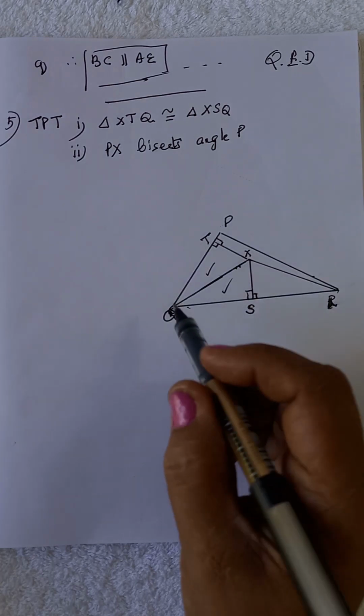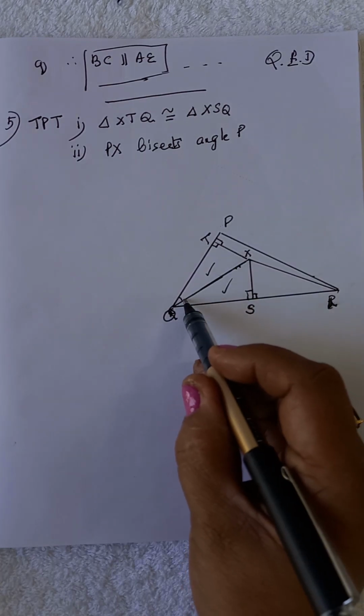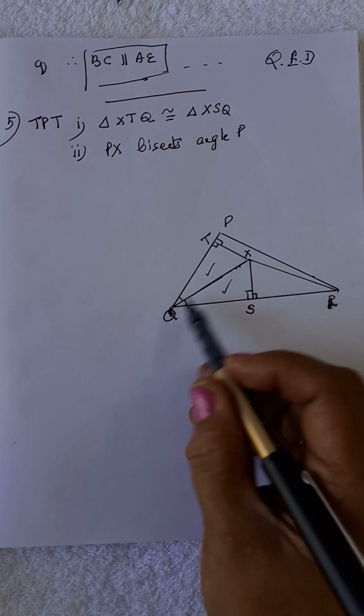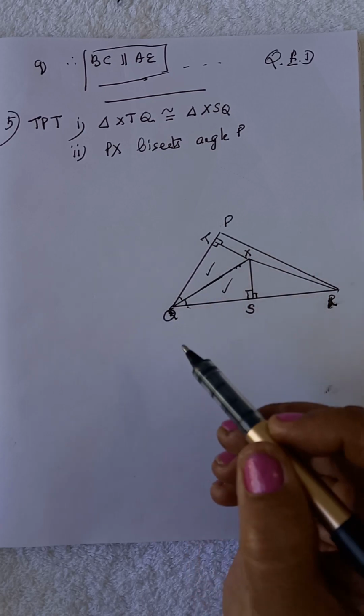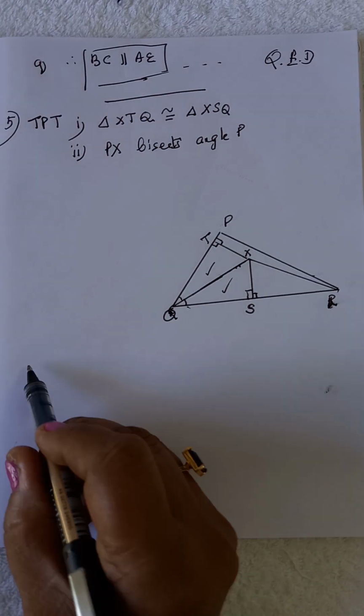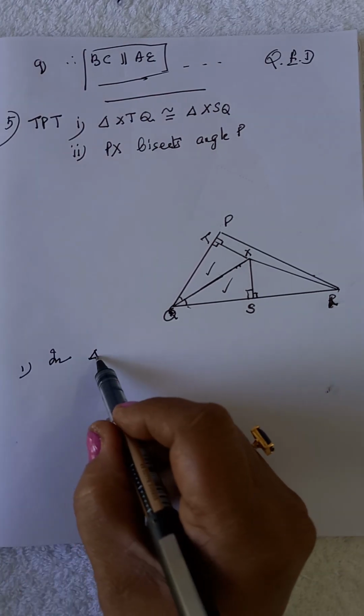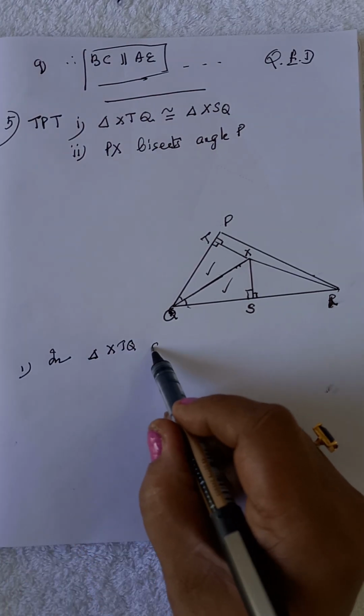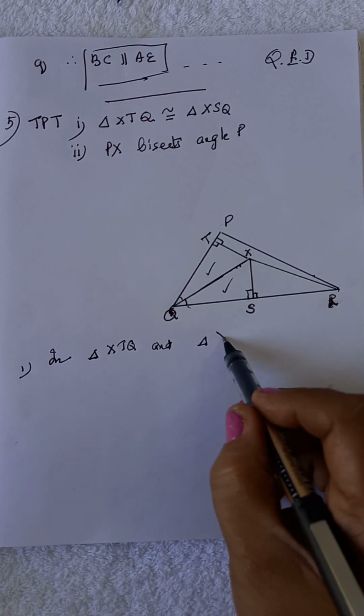So what about these two angles? These two angles are equal because QX bisects angle Q. So we can write, first point, in triangle XTQ and triangle XSQ.